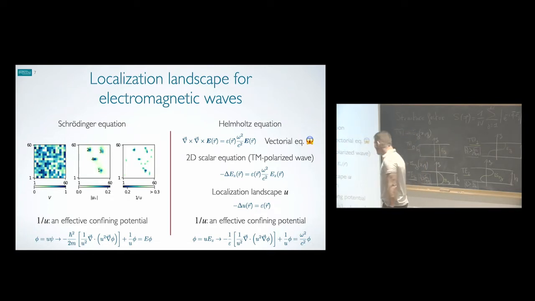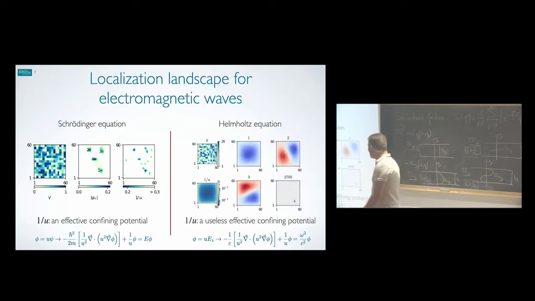Not really, because, okay, it's an effective confining potential, but it's a completely useless confining potential. And why? Because here I plot 1 over u, and what we see is a square well. Okay, it's a confining potential, and it's true that the first mode eigenstates of the Hamiltonian can be described by this square dip, but it's not really what interests us.